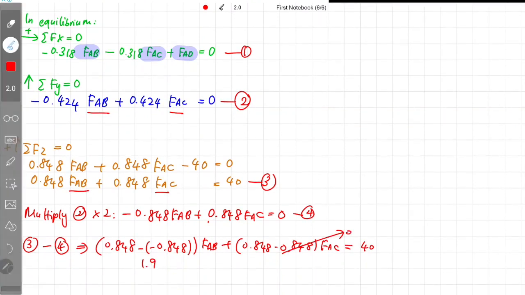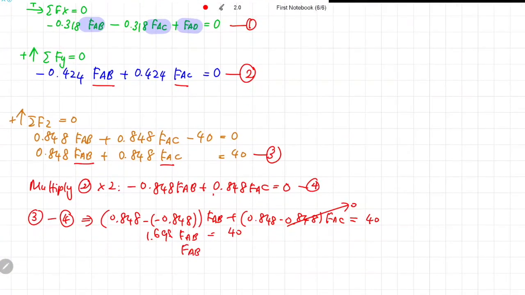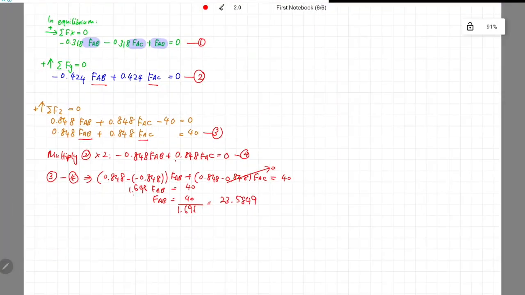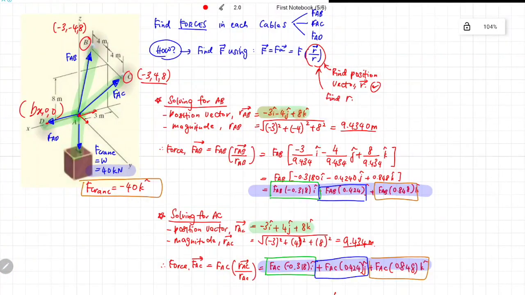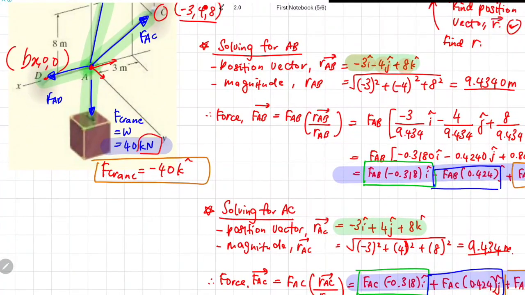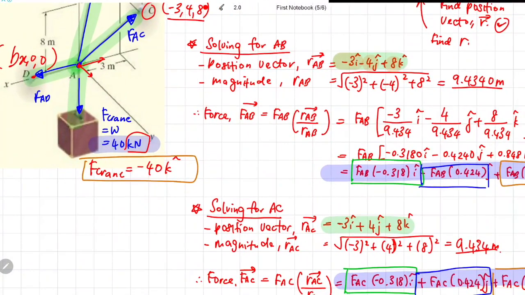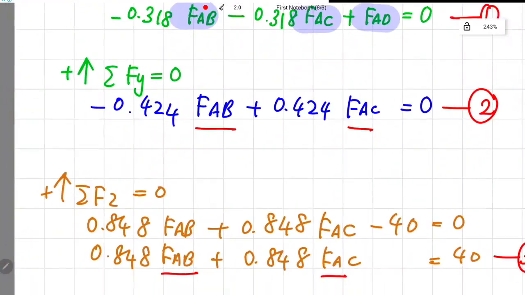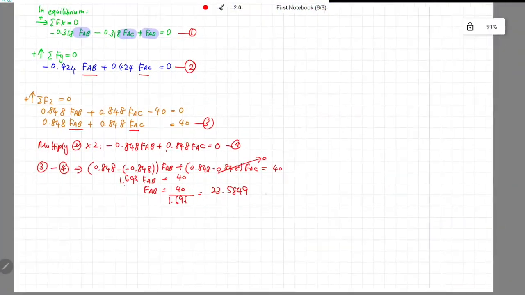Okay, you are left with only one unknown, which is FAB, which can be solved very easily. So the final value for FAB would be 23.5849. So check the unit berapa. So given the weight of the crane in kilonewton, so by right, all the magnitudes in our equation would be equivalent to kilonewton jugalah unit dia.